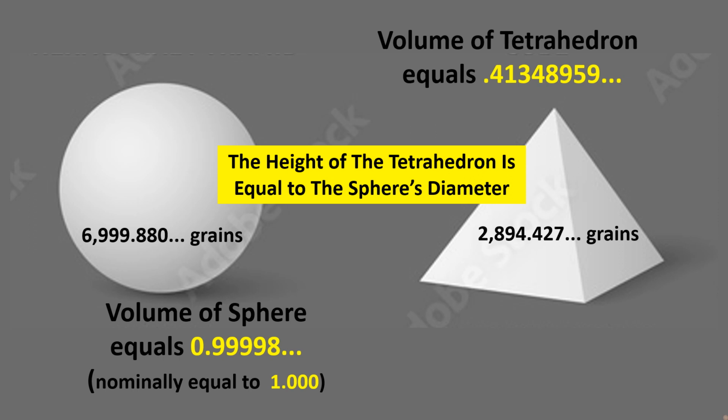When spun into a cone, its volume as a cone becomes 6,999.880 grains, equal to that of the commensurate sphere. Again, this is 1 pound, 7,000 grains, to a greater accuracy than any supermarket scale.